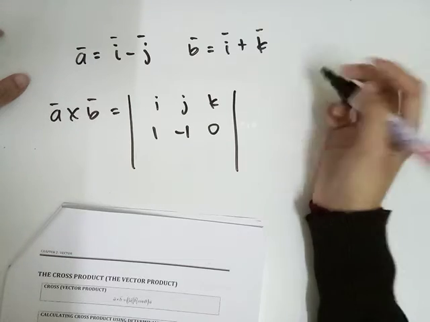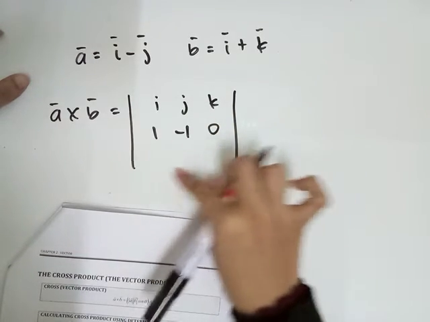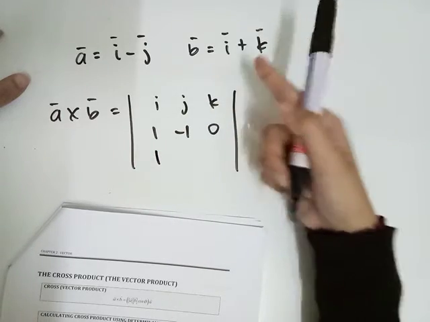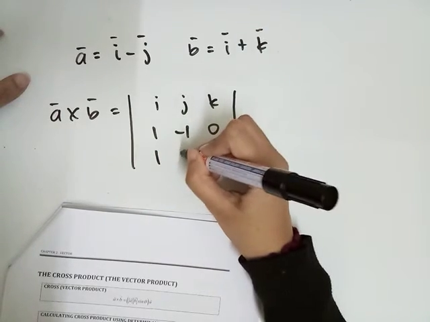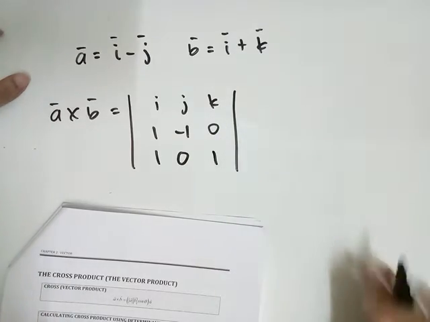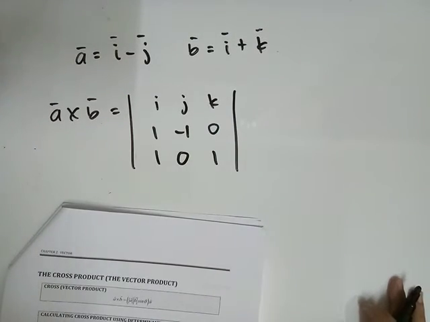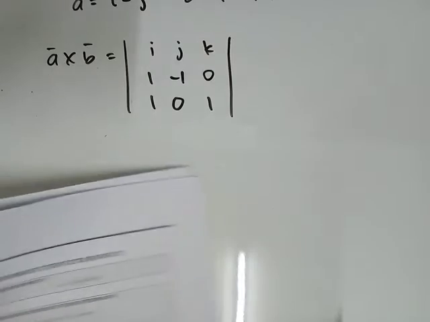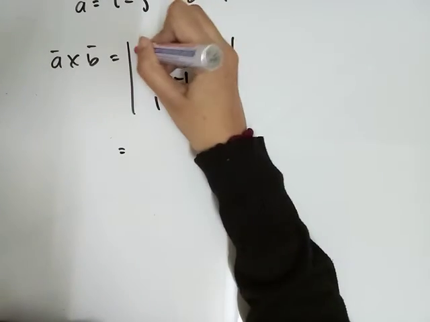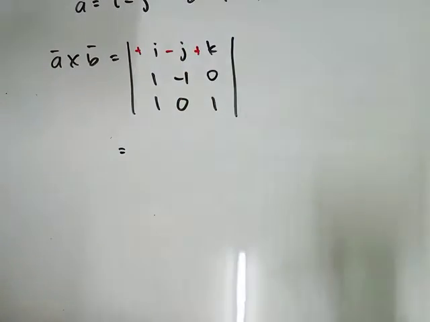And then for vector B, put it in the third row. 1, J tak ada, value for Y tak ada, so we put 0, and then the value of K is 1. Then do the cross product using determinants. So this is positive, negative, positive.